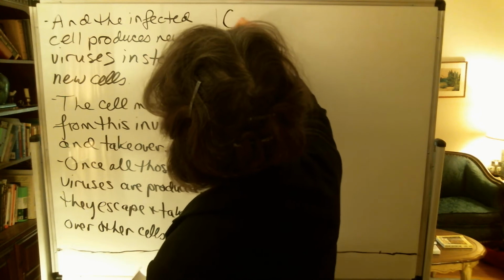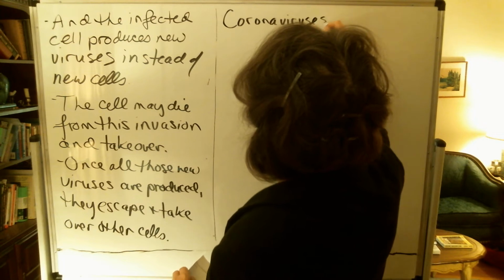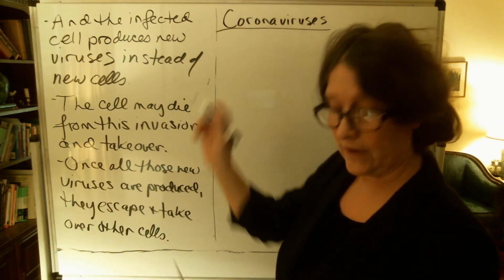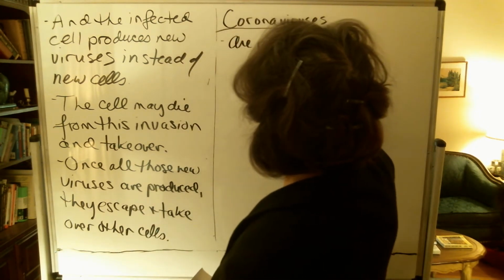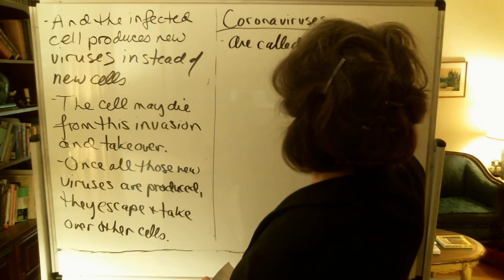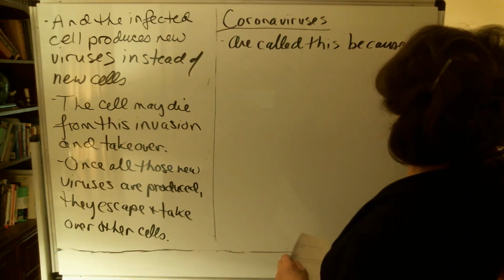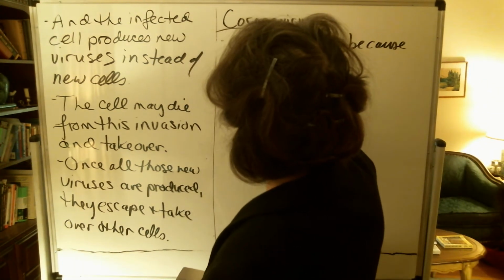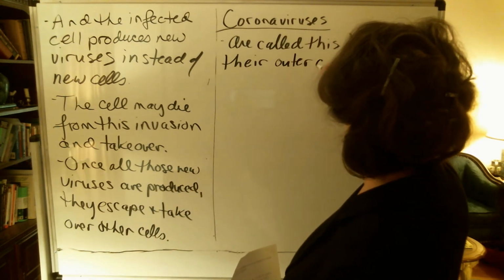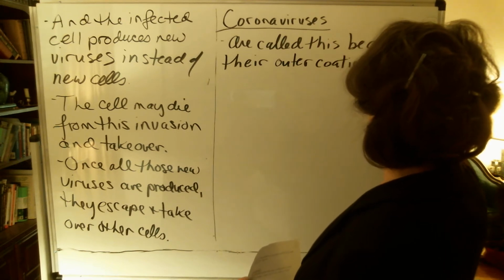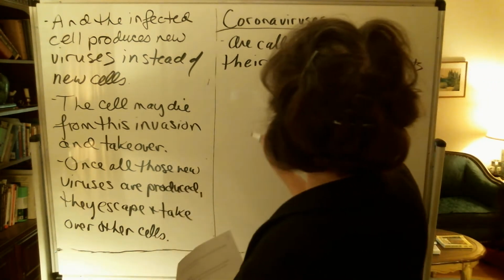So now you know what a virus is. Let's talk about this special bunch of viruses known as coronaviruses. Coronaviruses are called this because their outer coating has lots of spikes, basically.